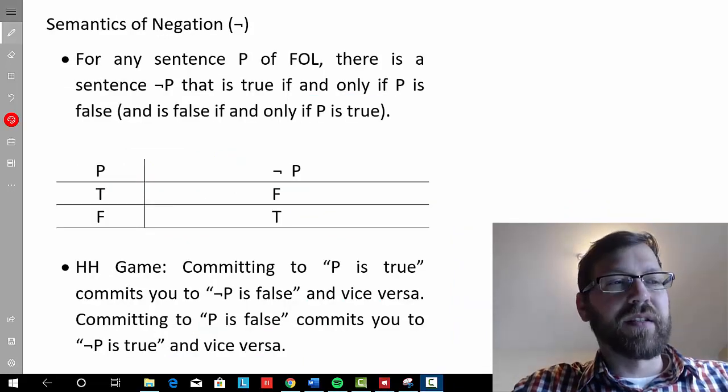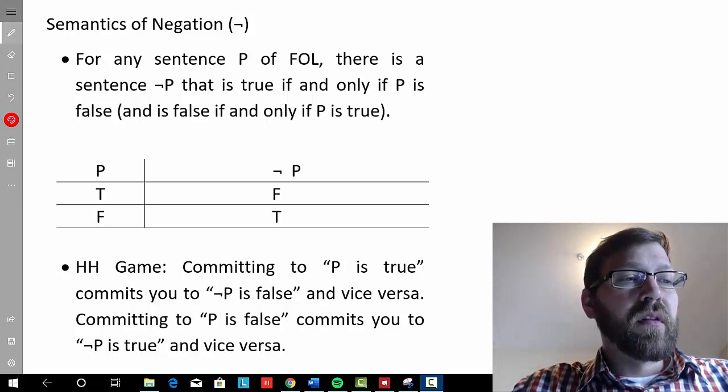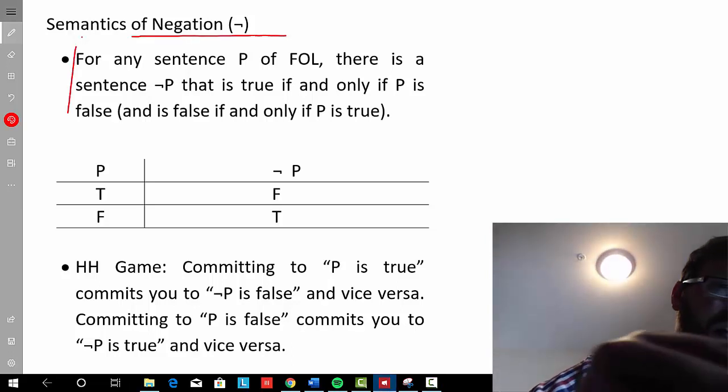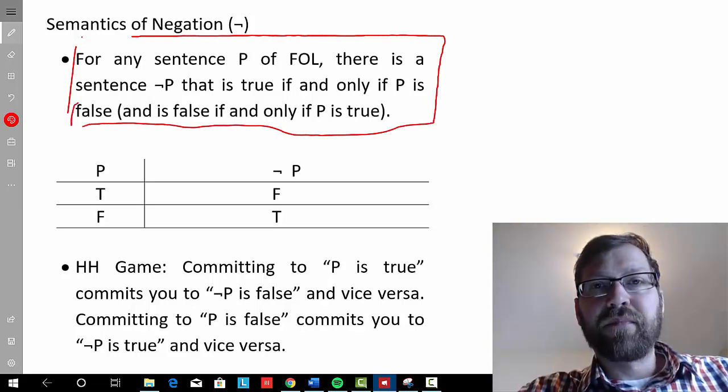All right, so on to the semantics of negation. That is, what does negation mean in FOL? So negation in FOL means the following.